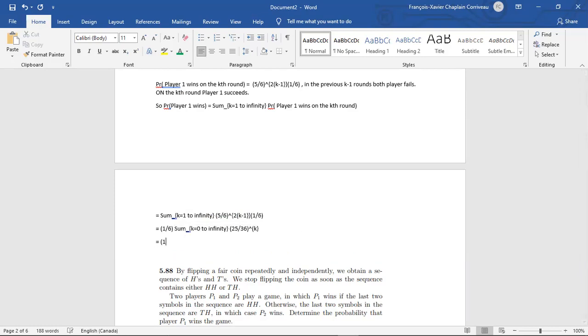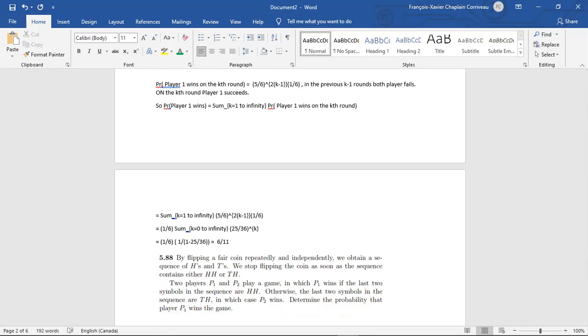So this is equal to 1/6 times 1 over 1 minus 25/36. And now, how does this simplify? If I do the math, which I'm terrible at, that's 1/6 over 11/36, so that's 6/11, right? Yep. 6/11.